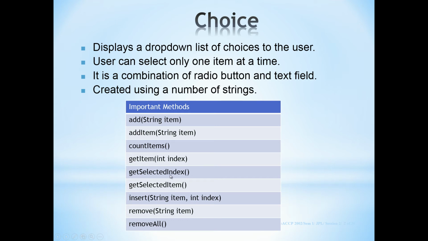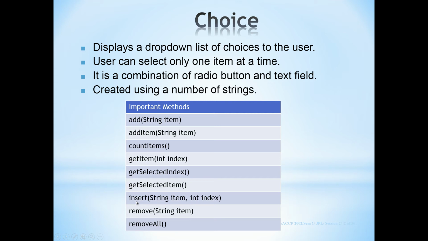After that there is select index also. It will return the index value, that is the integer value of a given string. As well as here we have a get selected item method. This method is mostly useful while using the choice box. By using get selected item, we can check whether the given item is selected by the user or not.